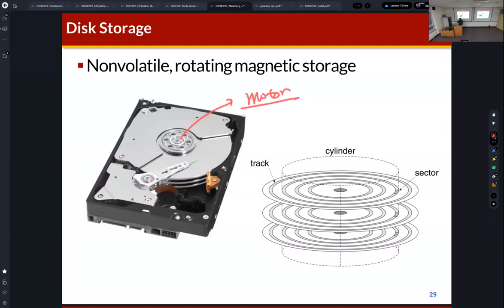The motor rotates a platter, and the data is stored on the surface of the platter. But a mechanical device is actually very slow because it's mechanical.